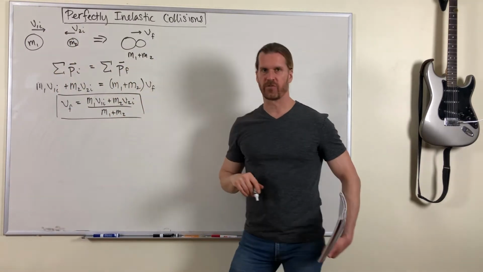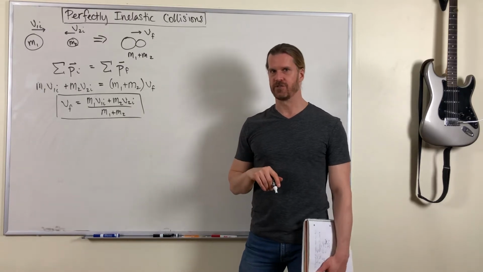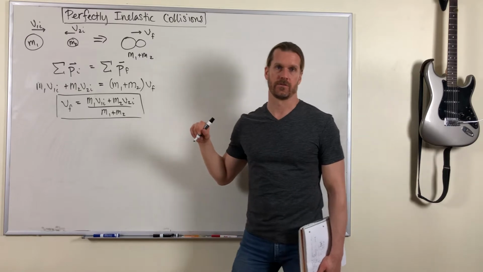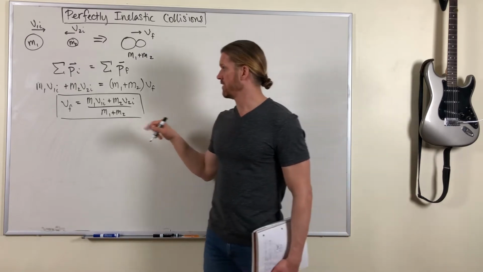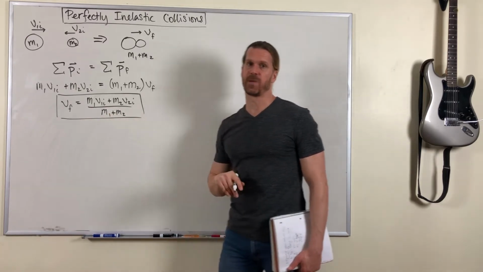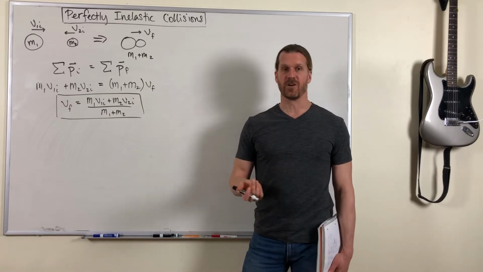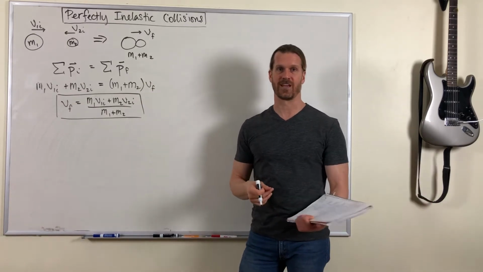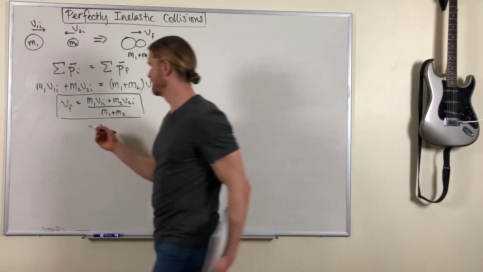This expression looks like a weighted average of the velocities of the two objects at the beginning. In fact, you can easily expand this to any number of objects all colliding and sticking together at the end of the collision.